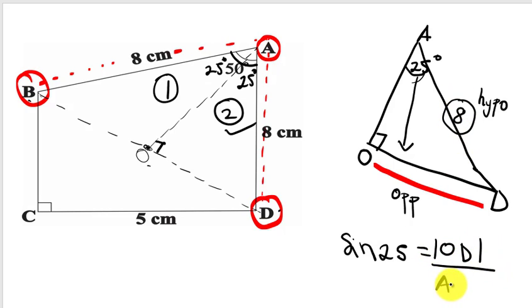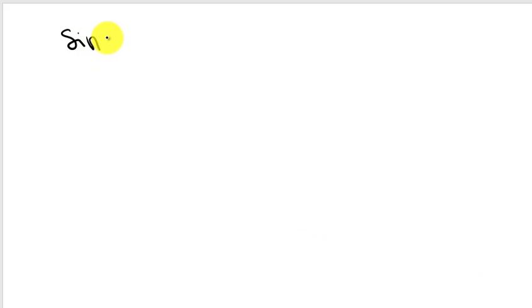The AD. Alright. Now we want to find OD. If that is the case, then we are going to have sine 25 degrees being equal to the magnitude of OD over 8.